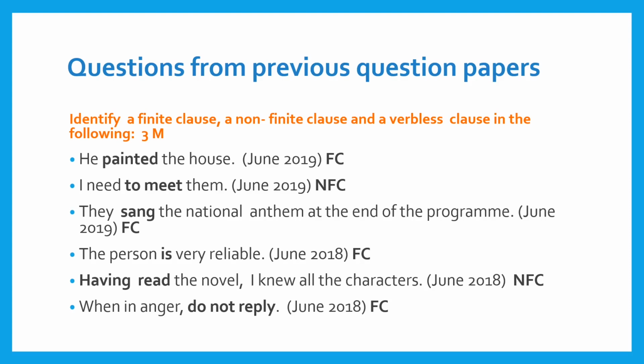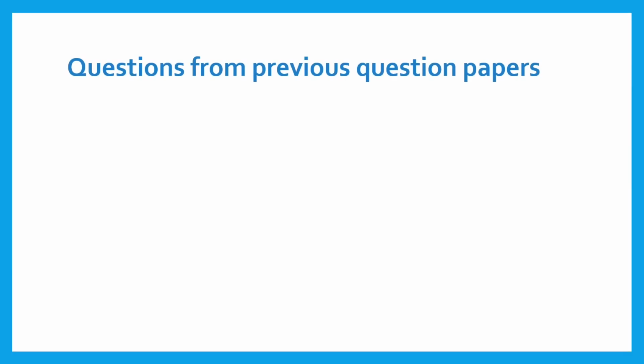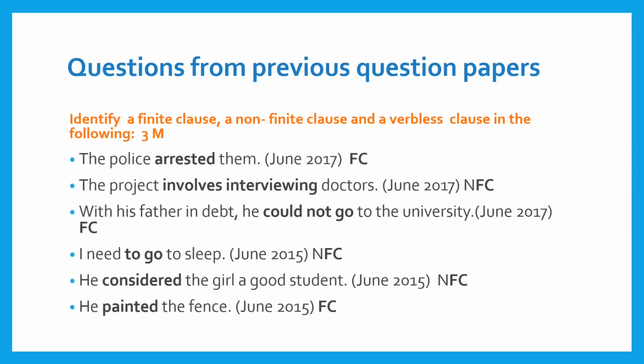And so also the other examples given below. Please go through the other questions and I'm sure it's just a cakewalk for you guys. Here are a few more questions from the previous papers, and if you understand them and are able to identify them, I'm sure you will do it very easily in your exam.